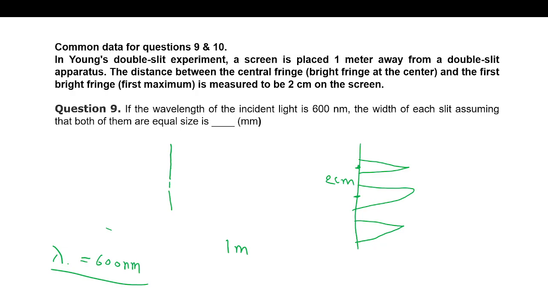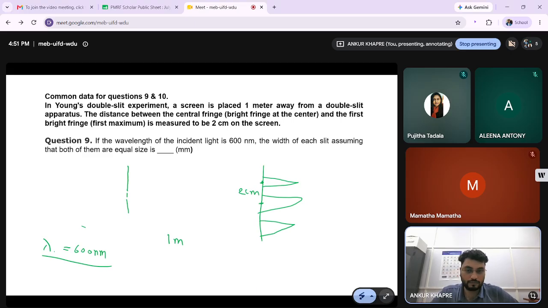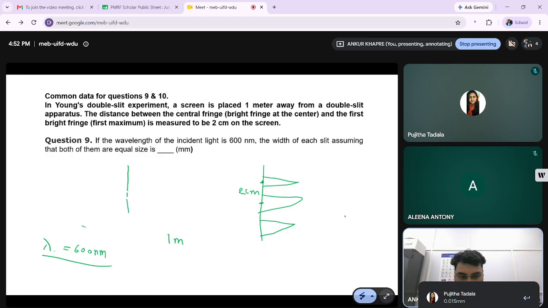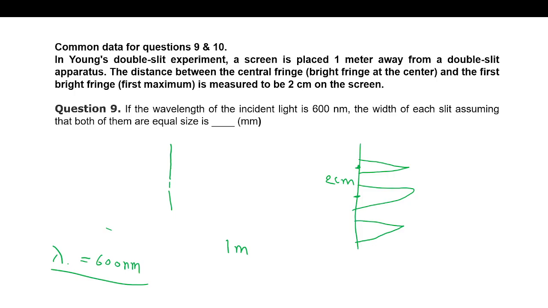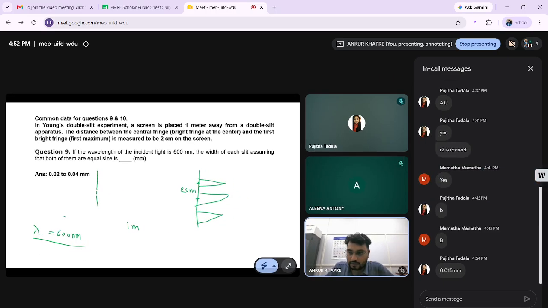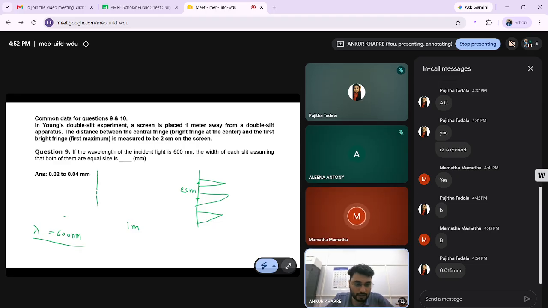This is the orange light. 0.015 mm. Let's see, 0.015. I think you are so close.